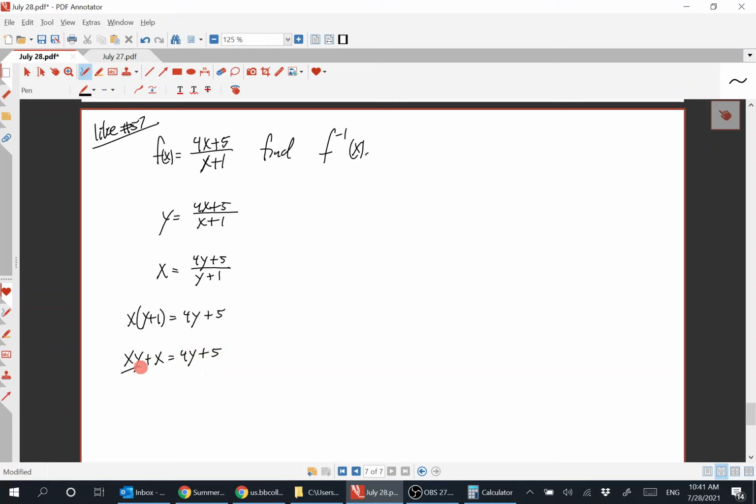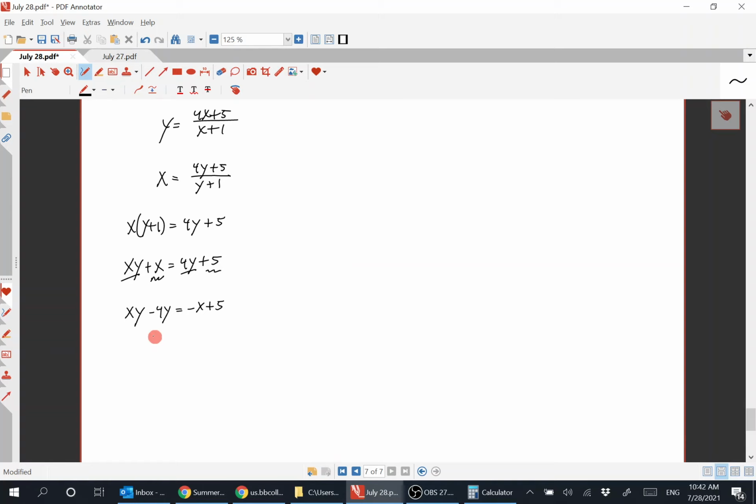Two of the terms have y's in them, and two of the terms don't. So you move the terms with y to one side, and the terms without y to the other side. Factor out y on the side that has it, and then divide. So that's f inverse of x.